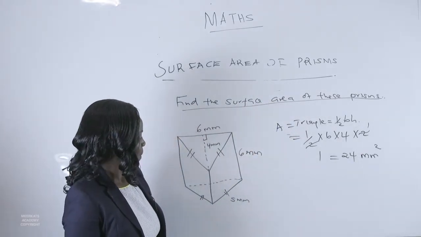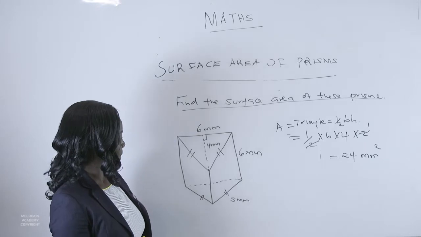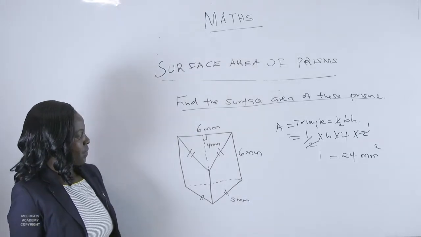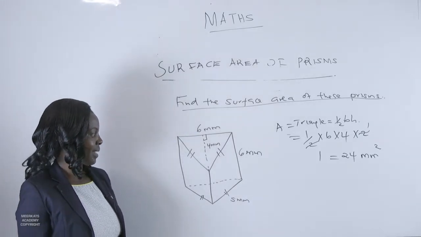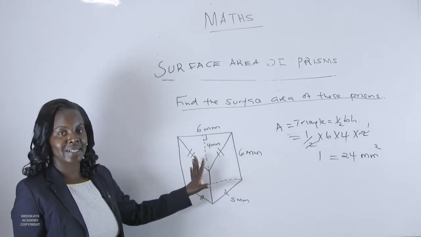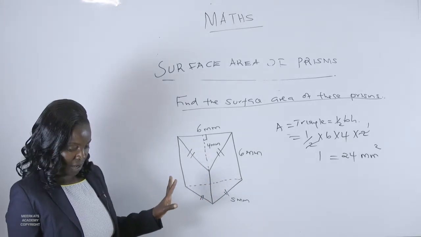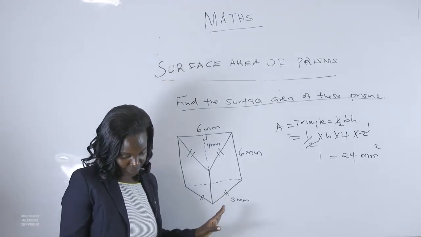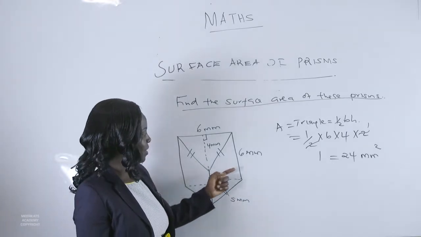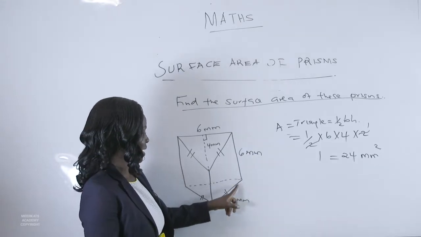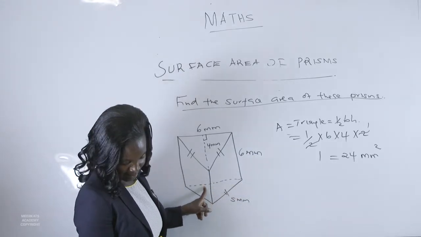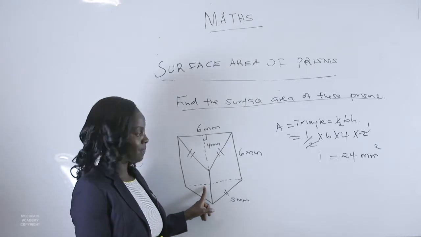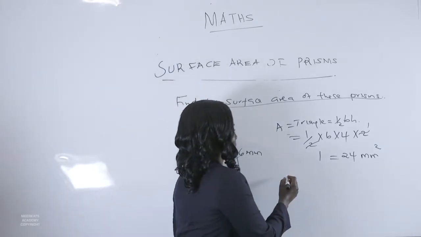And then now, let's look and calculate the area of the rectangles. We are done with the area of triangles. We now calculate the areas of the rectangles. So we have the bottom rectangle that is measuring 6 millimeters by 6 millimeters. This makes a square. So 6 millimeters by 6.